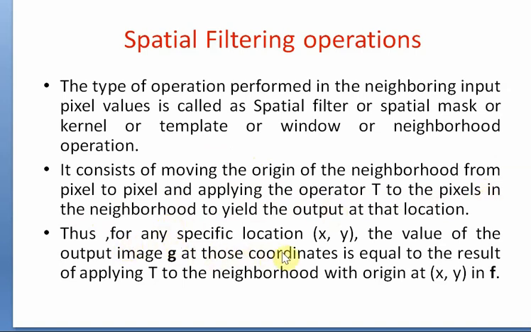Thus, for any specific location x comma y, the value of the output image g at those coordinates is equal to the result of applying the transformation operation T to the neighborhood with origin at x comma y in f. Right?